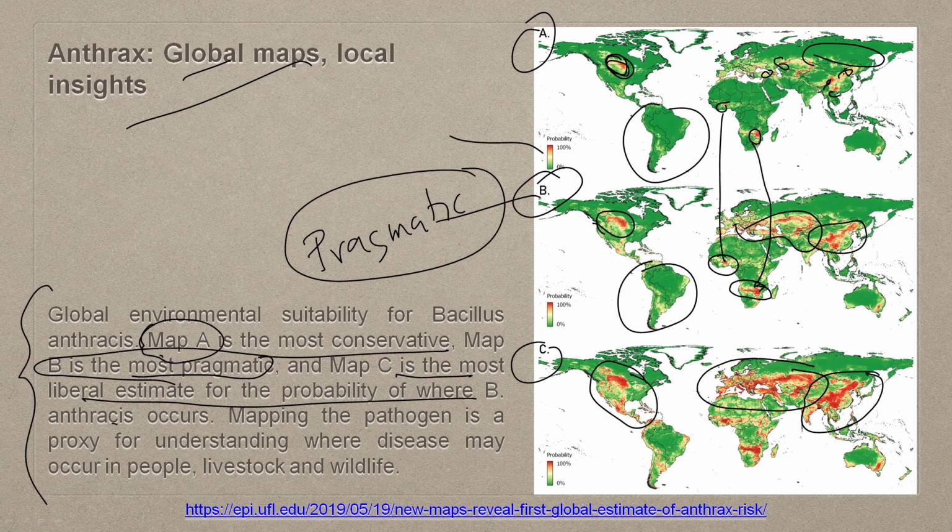See how this, and now for the first time, and Australia. I forgot to mention Australia, there is hardly anything. So, this third map, which is the C, which is the most liberal estimate, is an estimate which at times can be a little overdoing it, but at times maybe an easier way.